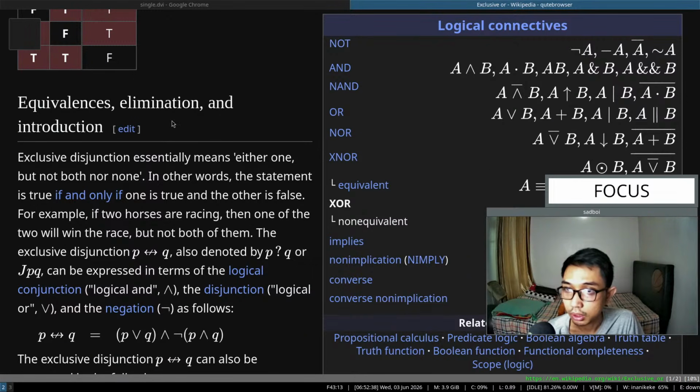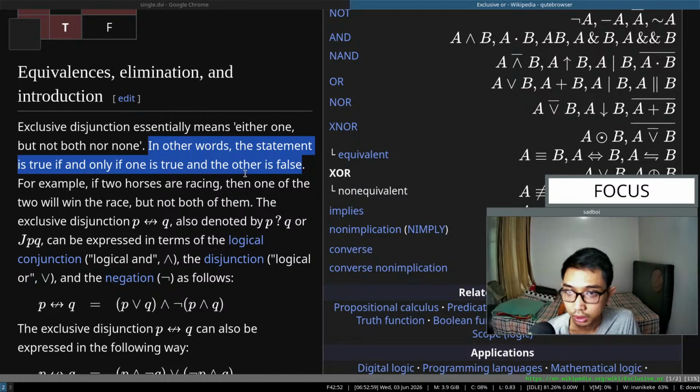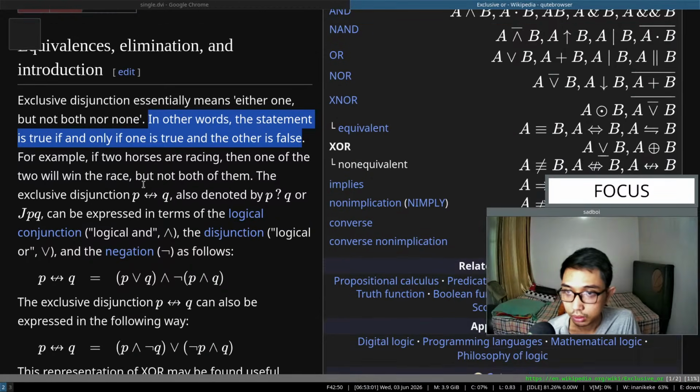Equivalence, elimination, and introduction. Exclusive disjunction essentially means either one but not both nor none. In other words, the statement is true if and only if one is true and the other is false.